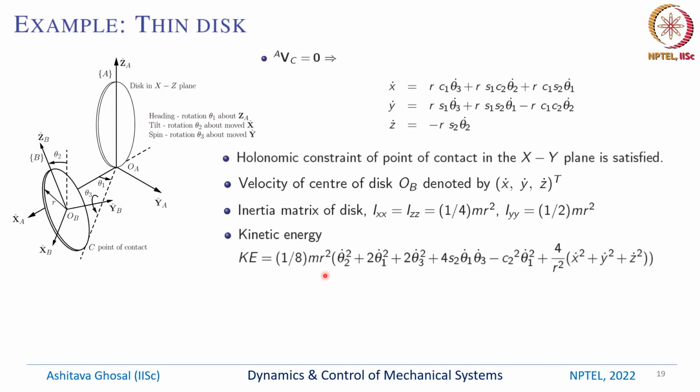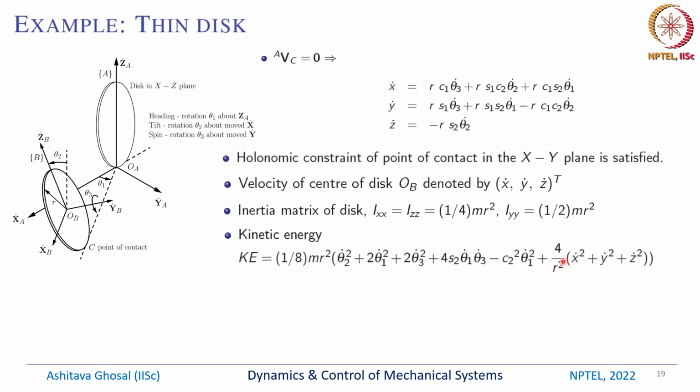So the kinetic energy can be written in terms of m, r, theta 1 dot, theta 2 dot, and also x dot, y dot, z dot, and it is given by half times 1/8 mr square into theta 2 dot square plus 2 theta 1 dot square plus 2 theta 3 dot square and 4 s2 theta 1 dot theta 3 dot minus c2 square into theta 1 dot square, and then 4 by r square times x dot square plus y dot square plus z dot square.